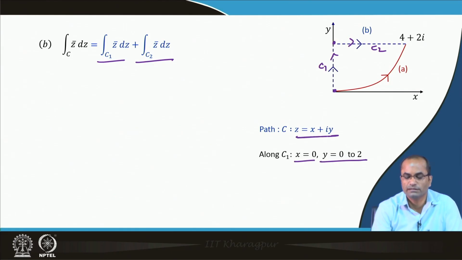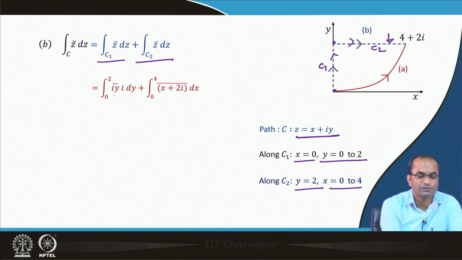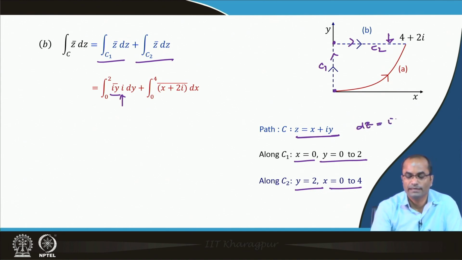If we take z equal to x + iy, then along C2 the y is kept constant and x is varying from 0 to 4. In the first one, because x is 0, for z we put iy and its conjugate, and dz will be just i dy.